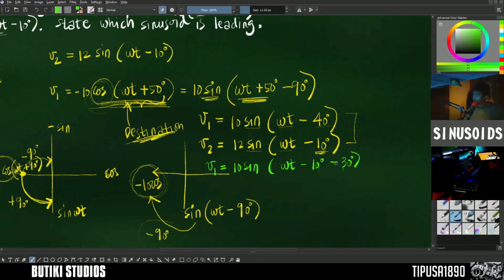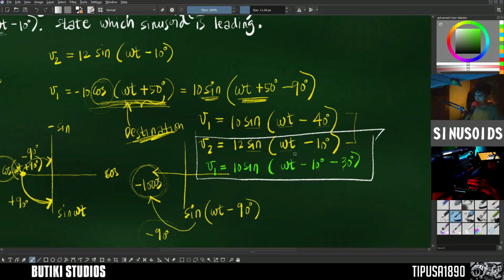So now that is how it looks. V sub 1 was originally negative 40, but we rearranged its angle, so that we can compare V2 and V1 like this.